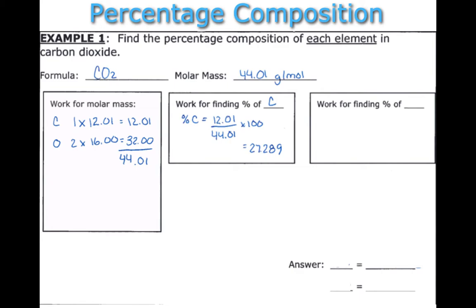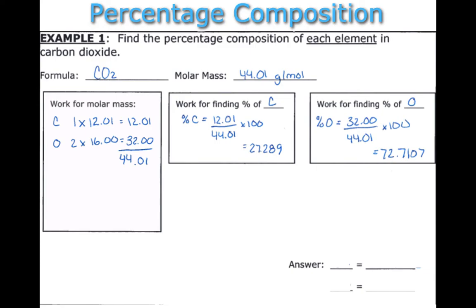The next one we're going to do is look at the work for finding the percentage of the oxygen. In this case, if you look at the molar mass, we had 2 oxygens for a mass of 32.00 total, and the molar mass of 44.01. Now the percent of the carbon and the percent of the oxygen should equal 100%.